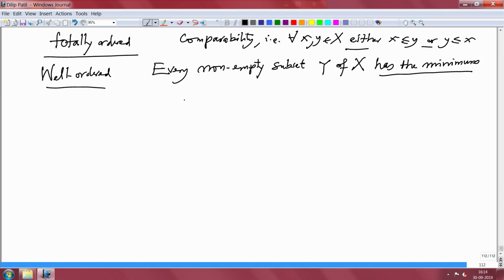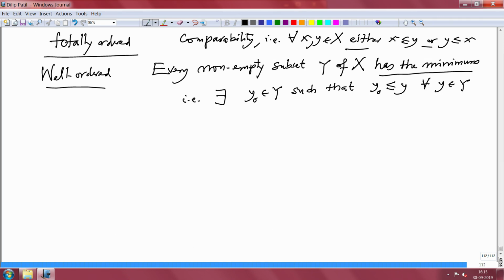That means there exists an element y naught in Y such that y naught is less equal to y for every y in Y.